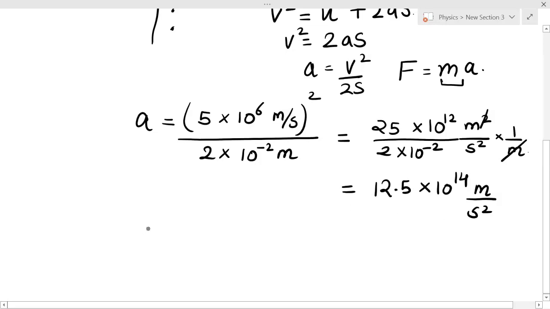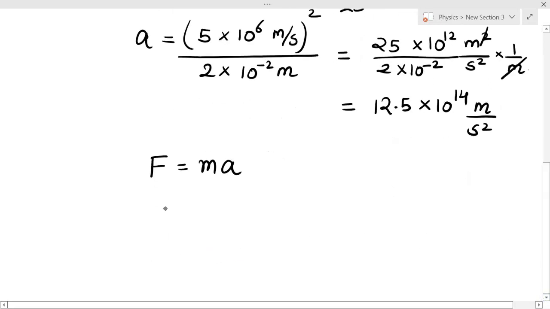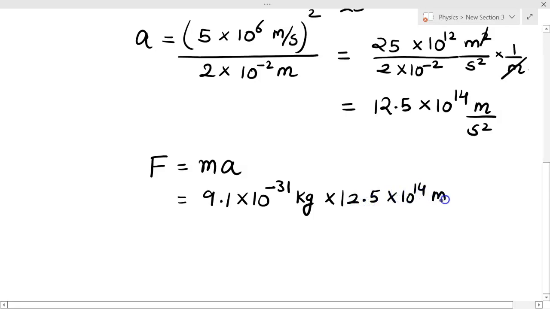Now we have to find out the force. So force is equal to mass times acceleration. Mass is given to be 9.1 into 10 to the power minus 31 kg into acceleration, which is 12.5 into 10 to the power 14 meter per second square.